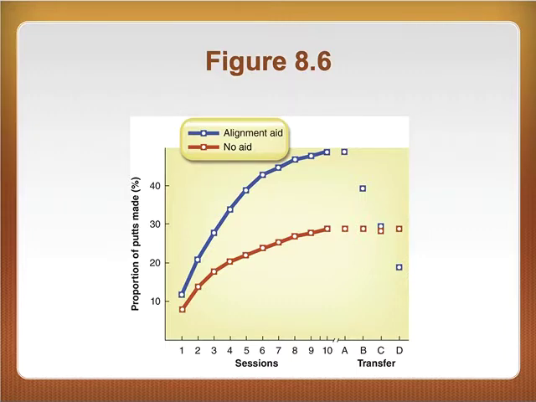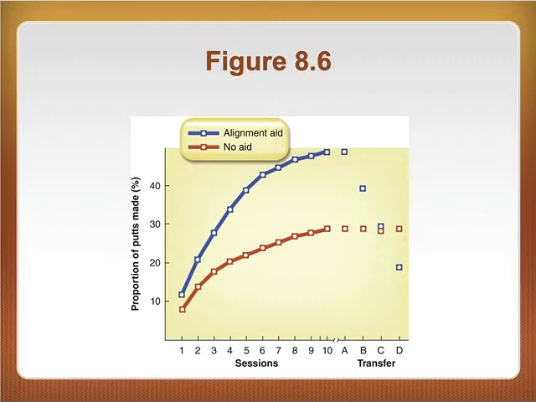Now you see the first transfer trial for the one with the aid was really high up there, and transfer A without the aid was about equal with their best one in practice, which you would think. But what's interesting is that with each subsequent transfer trial, the group that practiced without the aid continued to keep their improvements, whereas the group with the aid slowly began to forget what it felt like to hit straight with that aid, and they got worse and worse.